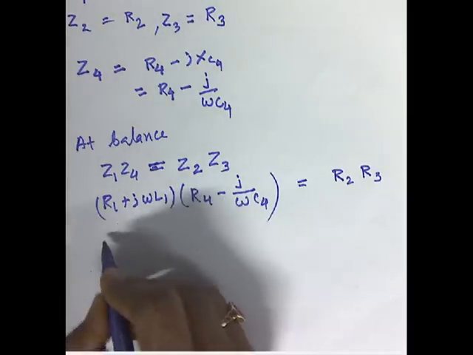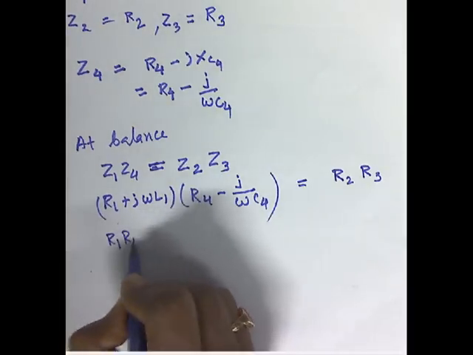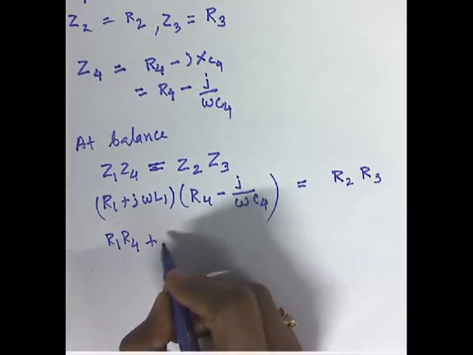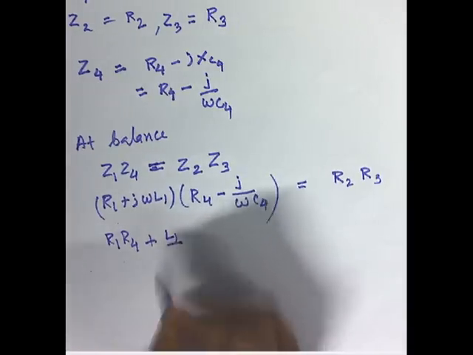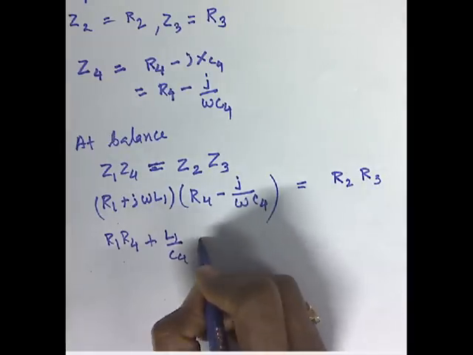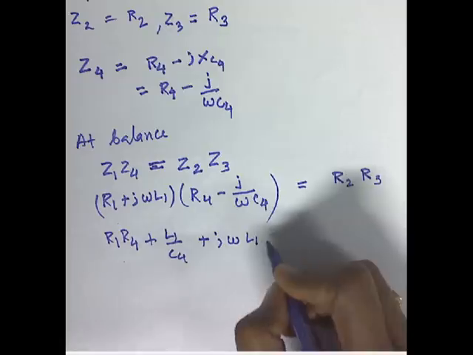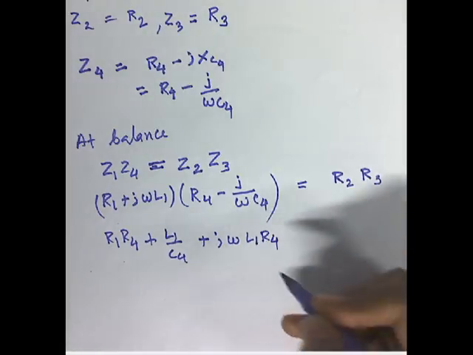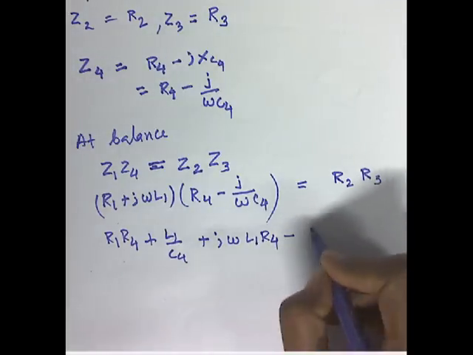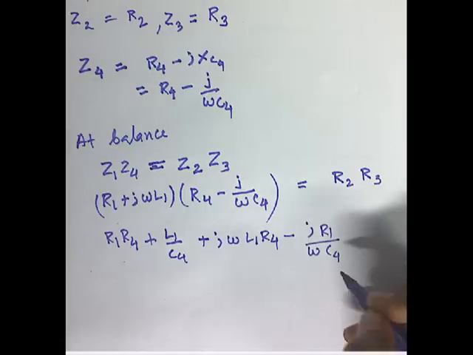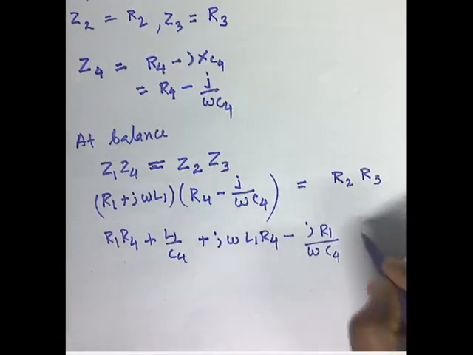So here we are getting R1 R4 plus L1 by C4 plus j omega L1 R4 minus j R1 by omega C4 is equal to R2 R3.